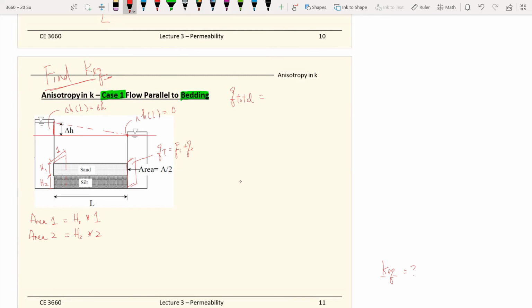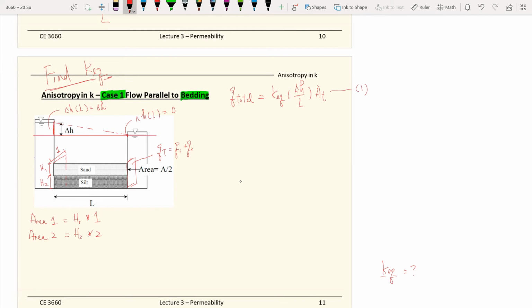If we use Darcy's law, the total amount of flow will be equal to the equivalent K representing the whole system times the head drop divided by L, so this is the gradient term, and then times the total area. So we look at the whole thing as a system. That will be equation 1.